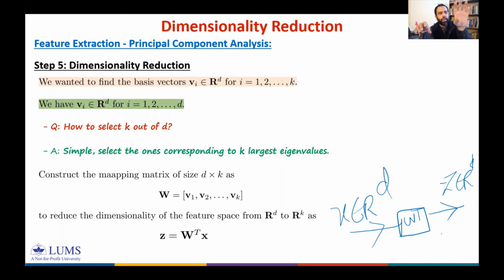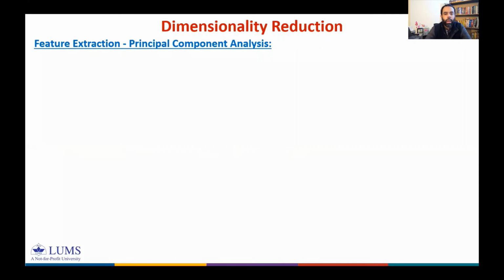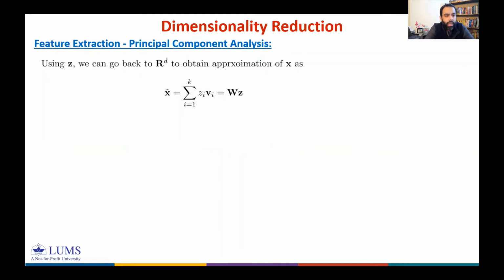X is in R^D, Z is in R^K. How can we compare these two? In fact, we can project this back to the higher dimensional space to make a comparison. Using Z, we can go back to R^D and obtain an approximation of X.